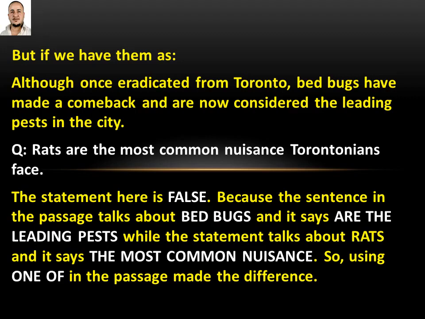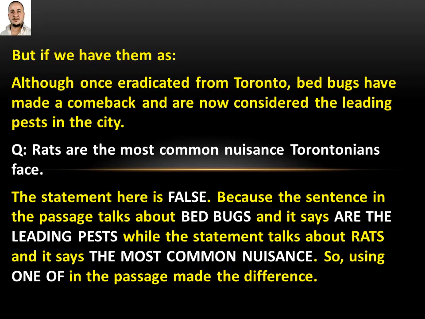But if we have them as: although once eradicated from Toronto, bedbugs have made a comeback and are now considered the leading pests in the city. I just omitted one of. Rats are the most common nuisance Torontonians face.